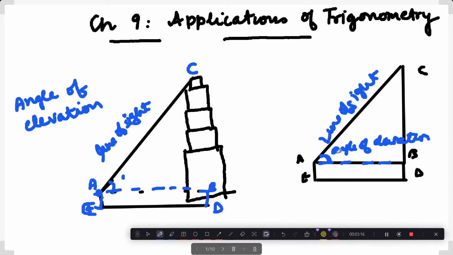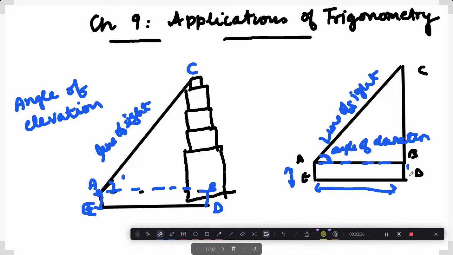Now, if we know this angle of elevation, and we know the distance of the person from the tower, and we know the line of sight, can we find the height of the tower if we know the height of the person also?